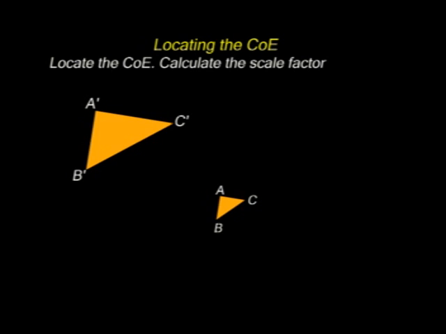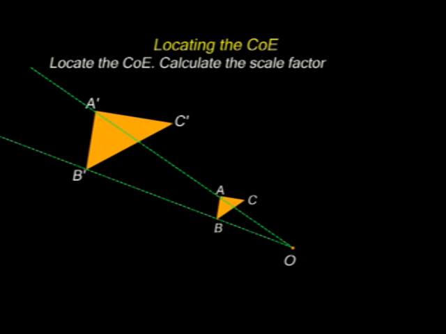Again, it's very simple. It is just the reverse of enlargement. Now you will join point A and A prime and produce that line. Next you will join B and B prime and again produce the line. Now the point at which the lines converge is the center of enlargement O. The point at which the two lines converge is at point O, which is the center of enlargement.